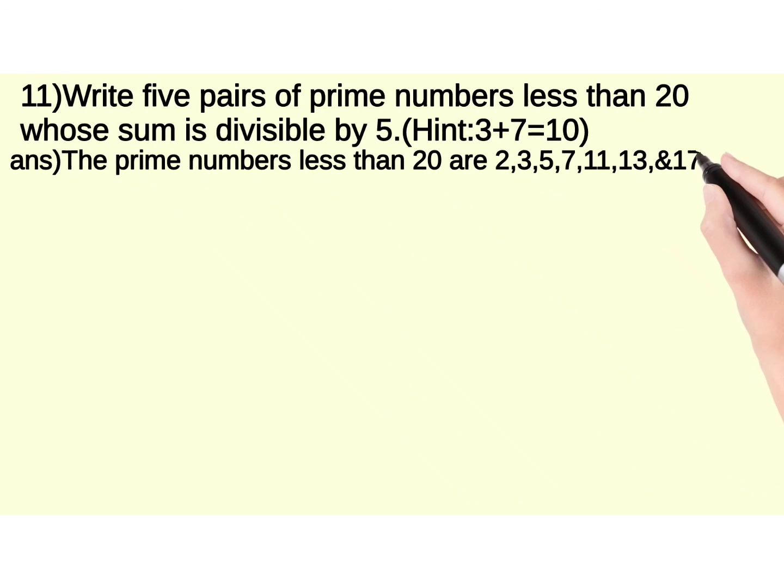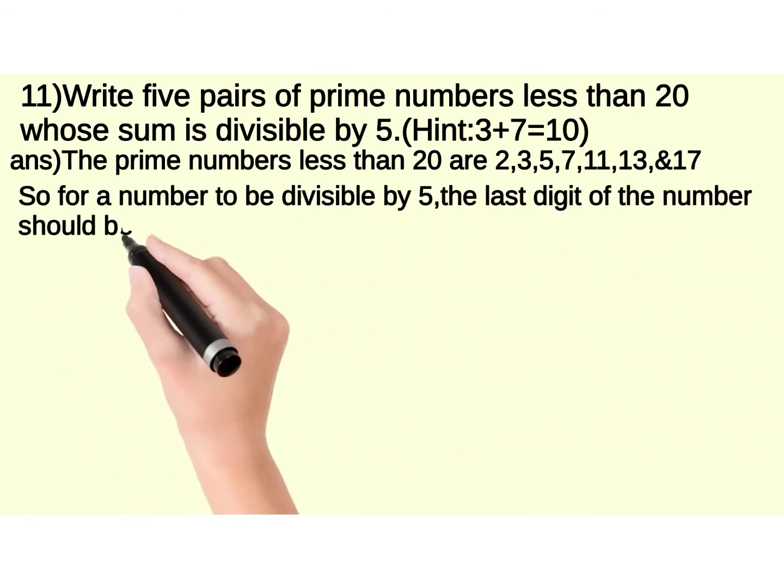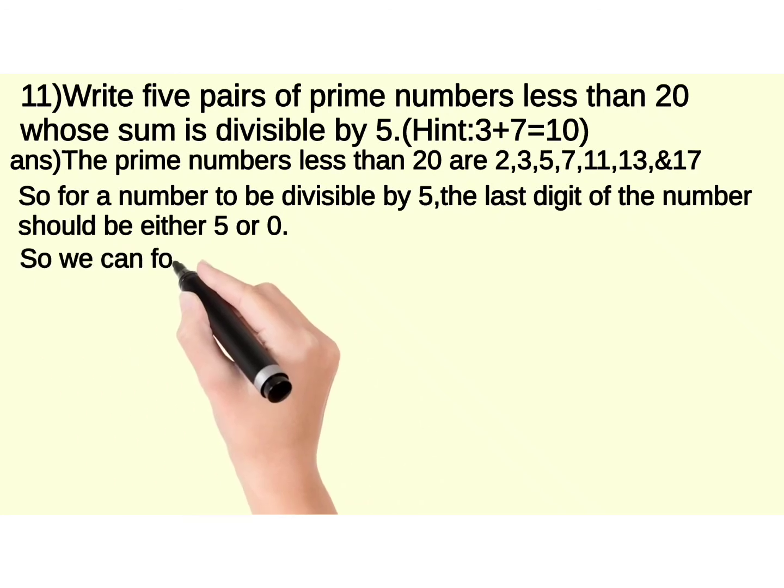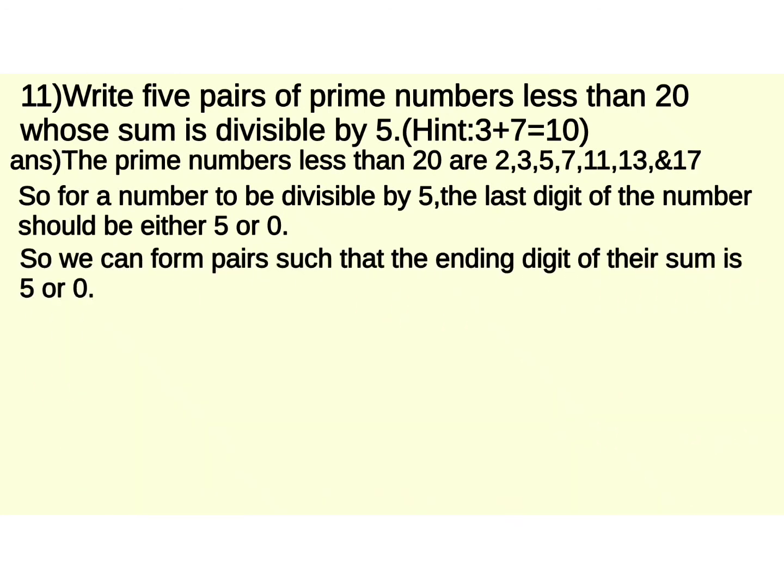So here we need to form pairs such that the sum is divisible by 5. For a number to be divisible by 5, the last digit of the number should be either 5 or 0. So we can form pairs such that the ending digit of their sum is 5 or 0.